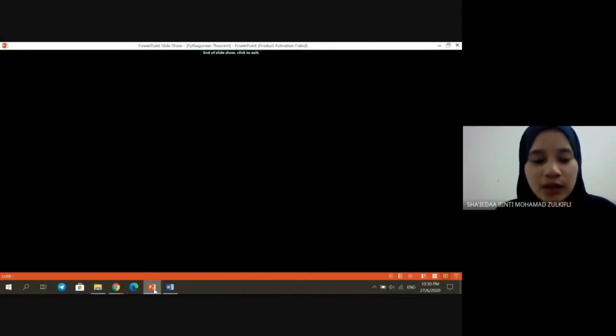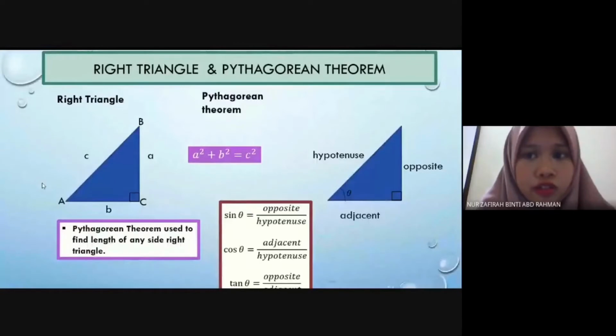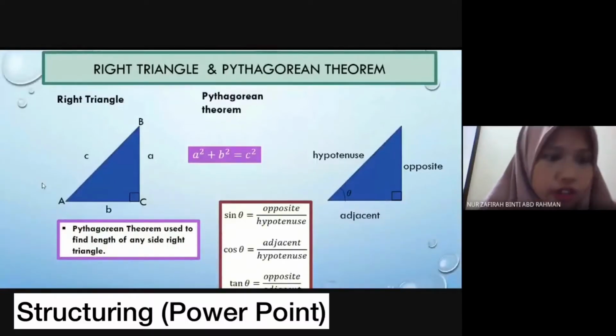Okay, we start our lesson today. For this topic, we will learn how to find the right triangle by using the Pythagorean theorem. The Pythagorean theorem is used to find the length of any side of a right triangle.